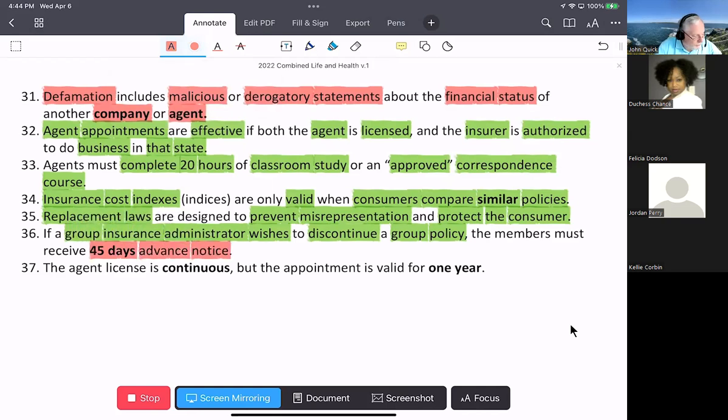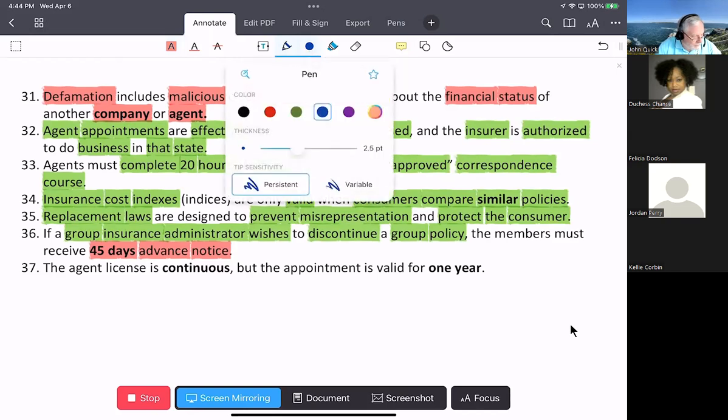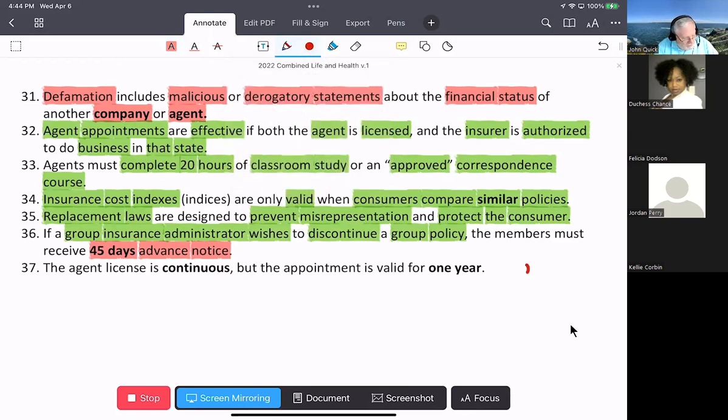Now, many people will see this question on the state exam and they would think, oh, it's 10 days, or it's 30 days, or it's 20 days. No, it's 45 days. They used to put this only on the health test. You may see this on the life test as well now.